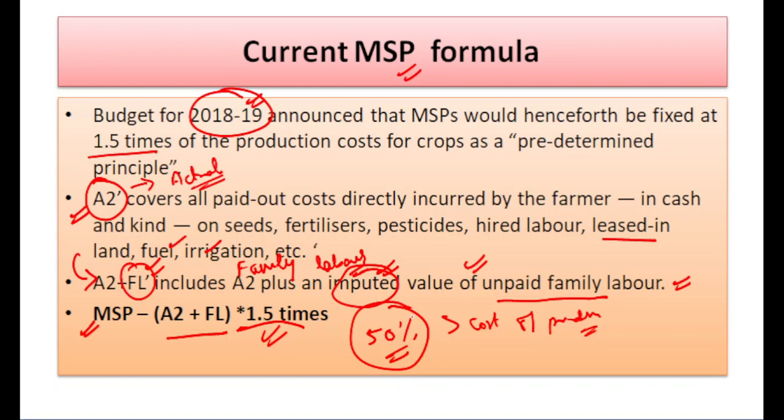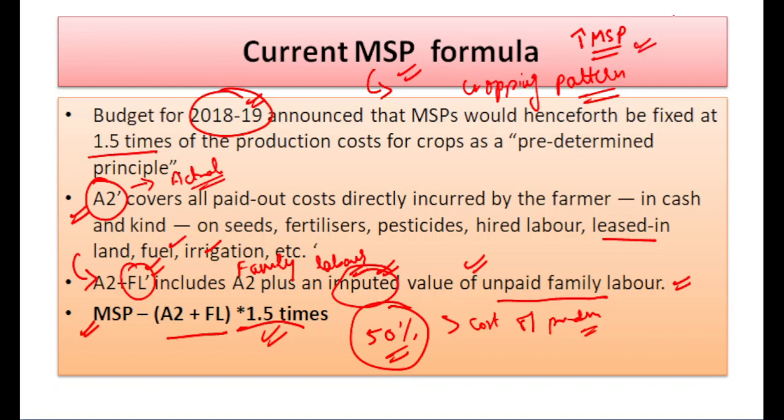Here the MSP could be used as a policy tool by the government to change the cropping pattern. This can also be a probable question, because whenever the government increases MSP on some commodity, the commodity becomes more favorable for cultivation, because as compared to other commodities, the prices of which are low in the market, this particular commodity is giving a higher price.